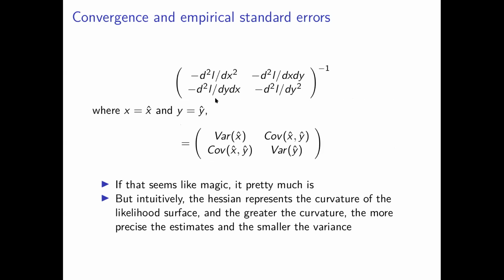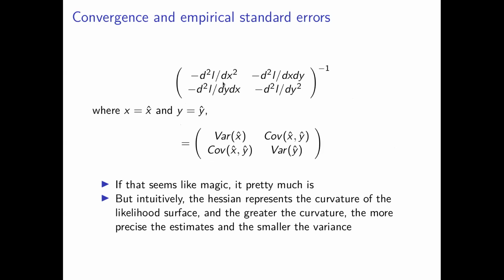So I've just shown you what a Hessian would look like for two parameters, x and y. So we've got the second derivatives of the negative log likelihood. And so you can have the unmixed and the mixed second derivatives there.